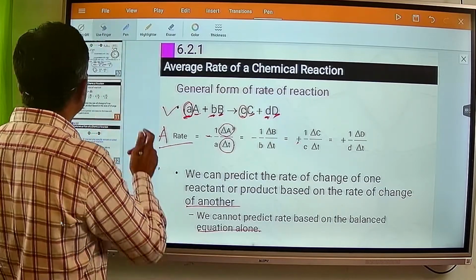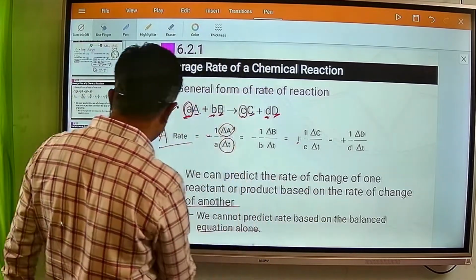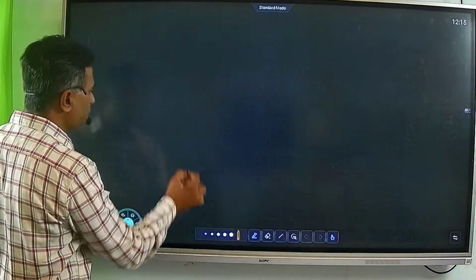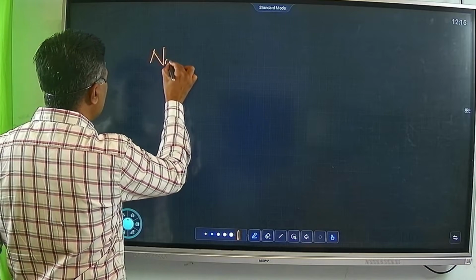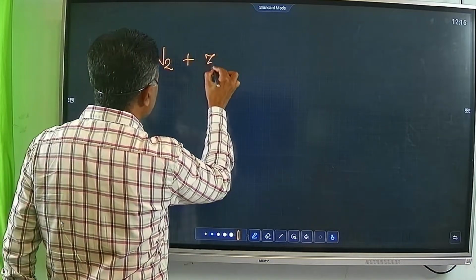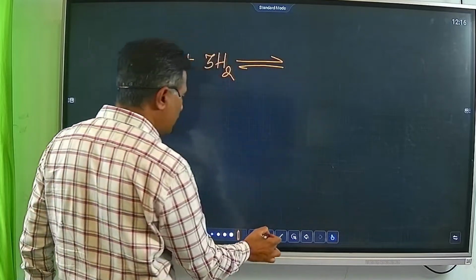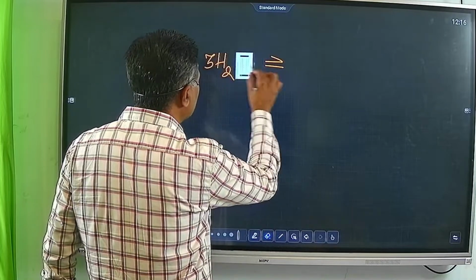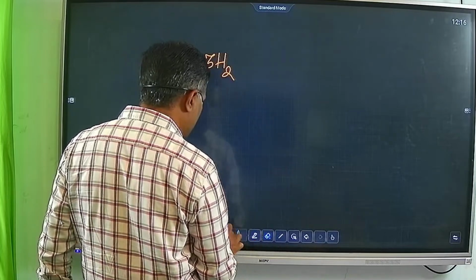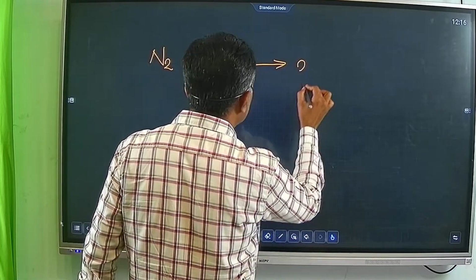Okay, so I will give you a simple example of how to determine the average rate of reaction for a simple reaction. Suppose you have a simple reaction like this: N2 plus 3 H2, and that gives you 2 NH3, ammonia.